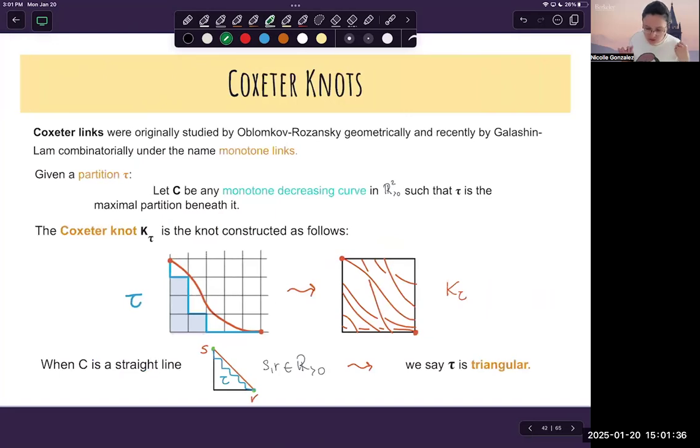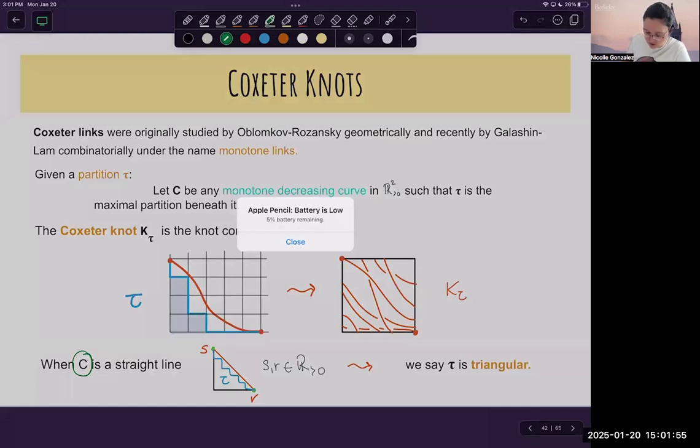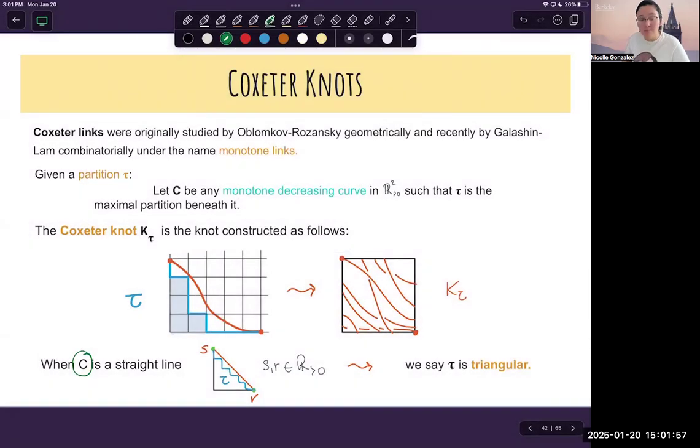So the specific subclass of Coxeter knots that we are going to be caring about are called triangular. So these knots occur when the curve that we choose is straight. Now notice that depending on which partition you're given, not every partition will admit a curve that is straight.